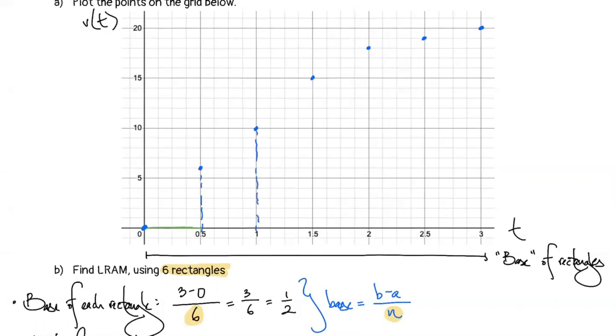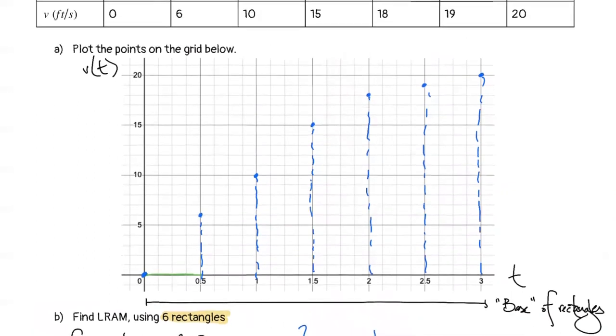Now, what's the height of the second rectangle if I use left approximation? The second one is going to be 6, so that would be something like this. What's the height of the third rectangle?